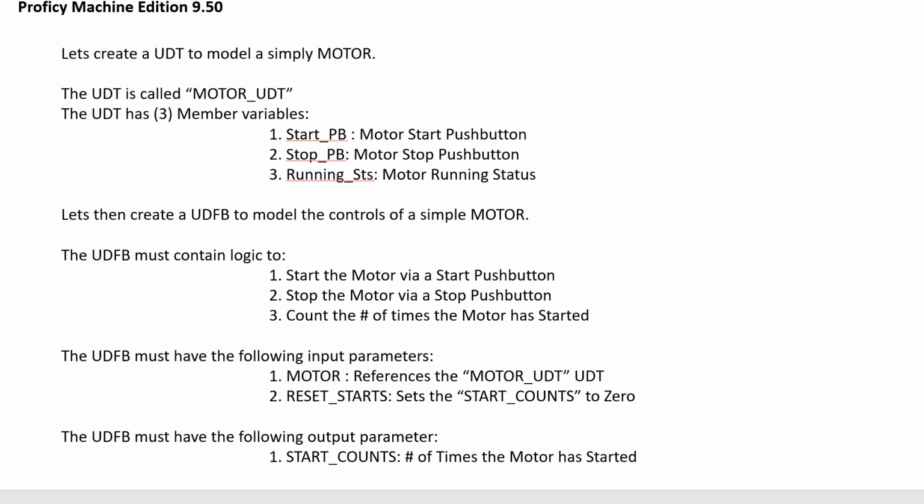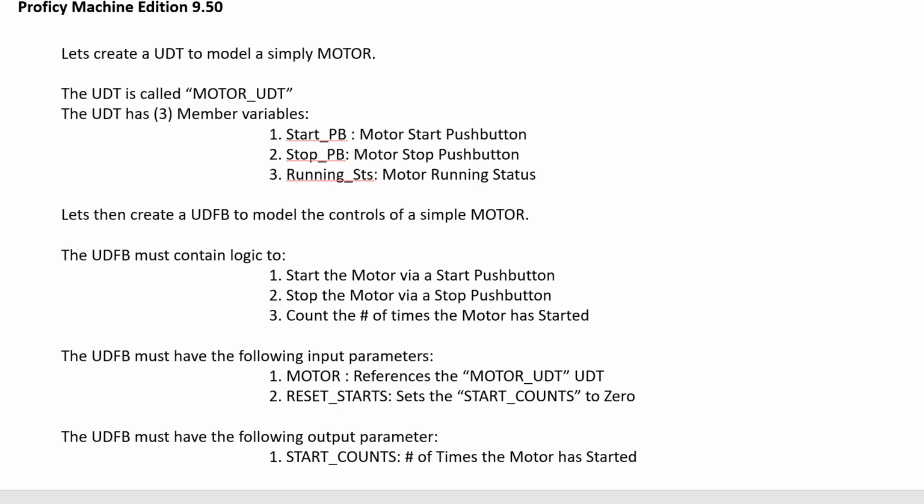And it's going to be using an input parameter, which will be our user-defined type called motor underscore UDT. And in terms of the name of the input parameter, we're just going to call it motor. And then we're going to have, of course, an input to reset the number of starts for the motor.